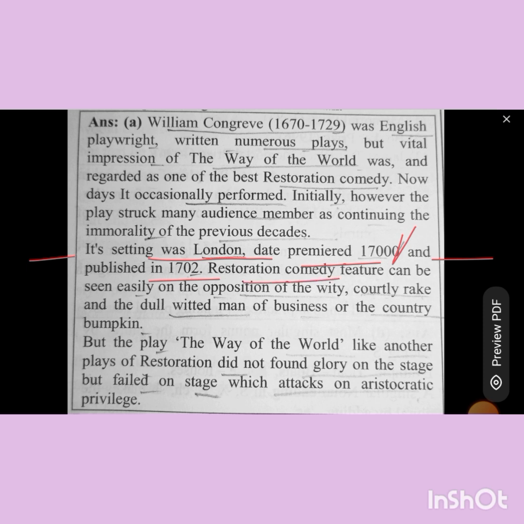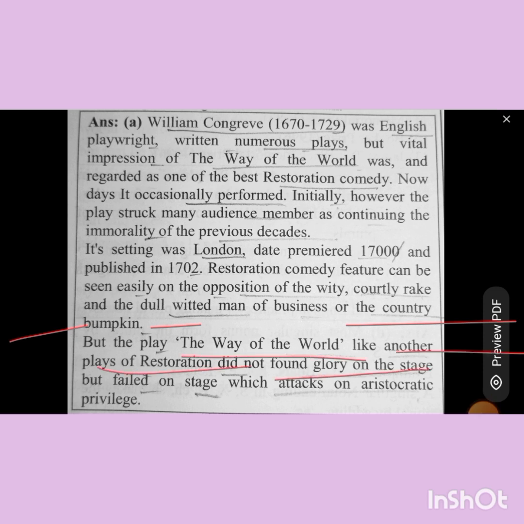It's a Restoration comedy whose features can be seen in the opposition of the witty, courtly rake and the dull-witted man of business or the country bumpkin. But The Way of the World, like other Restoration plays, did not find glory on the stage, as it attacks aristocratic privilege.